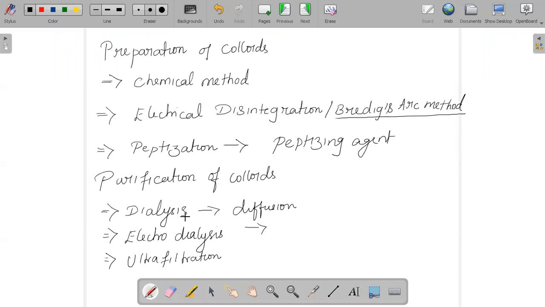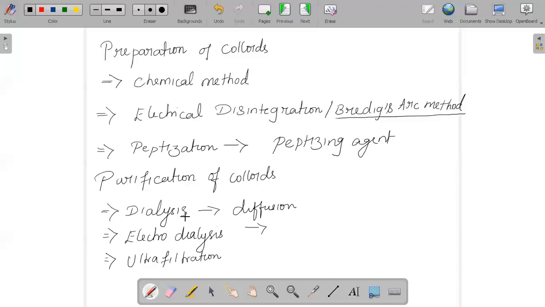The ions present in the colloidal solution then migrate out to the oppositely charged electrodes, which is possible if the dissolved substance in your impure colloid is an electrolyte. So electrodialysis is a method used just to speed up the process of dialysis.